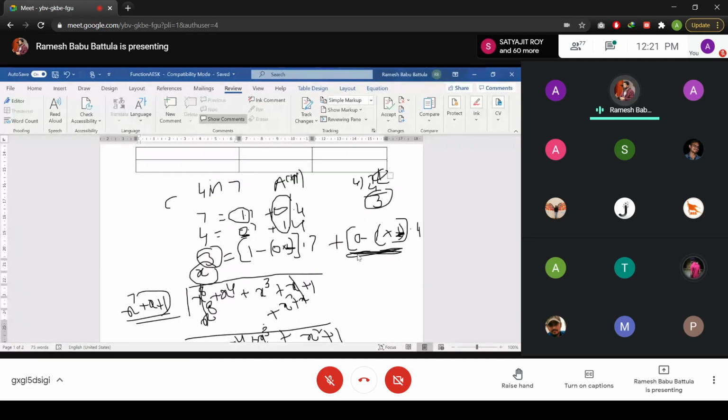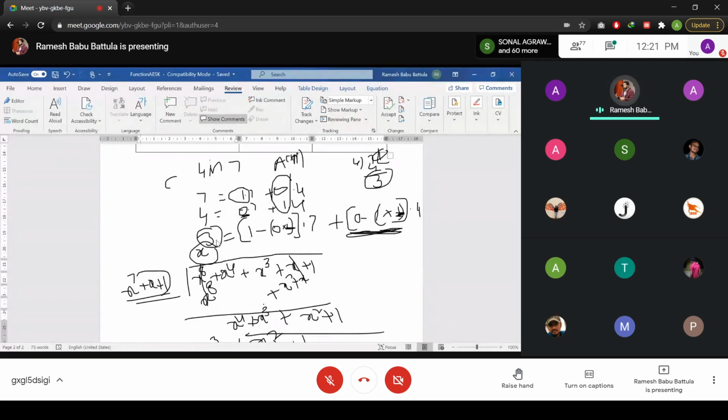The same way here, I'm writing, this is the previous to previous value is 0 and this is the previous value. So my previous value into my coefficient is 1. 1 into 1 is going to be 1 minus 1 into 4, minus 4 we will get here, and here 1 into 7, 7 we will get. 7 minus 4 is going to be equal to 3. That's why here the resultant value is 3.